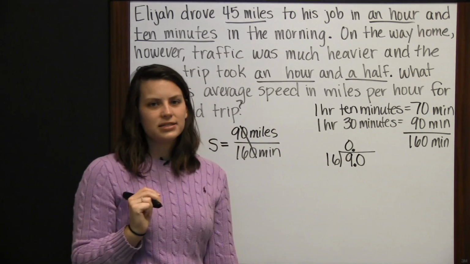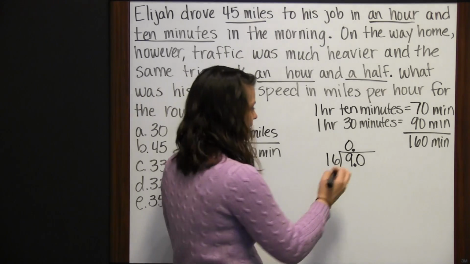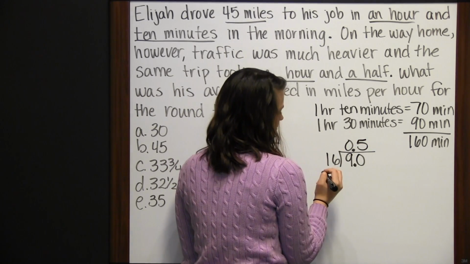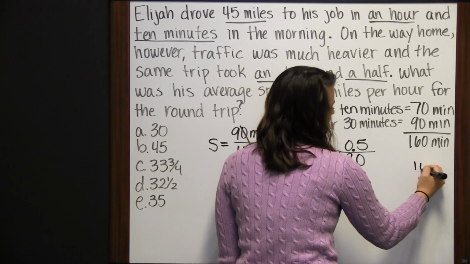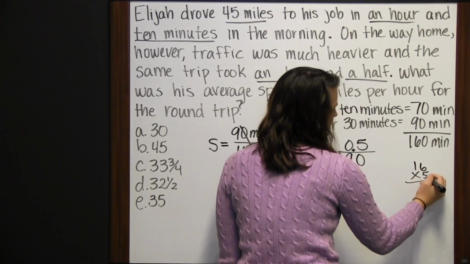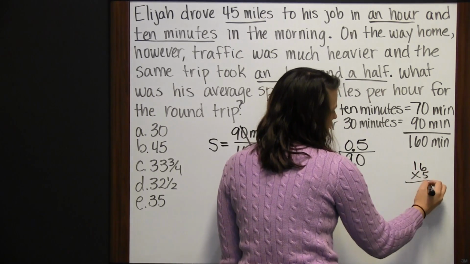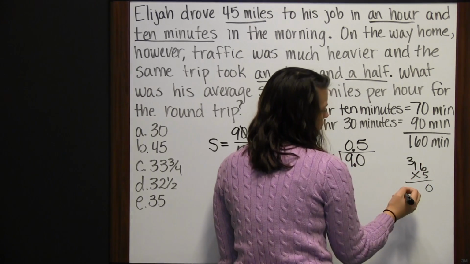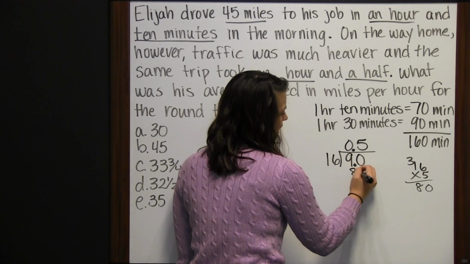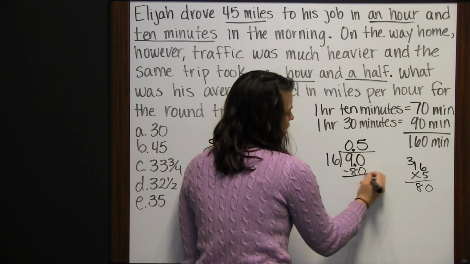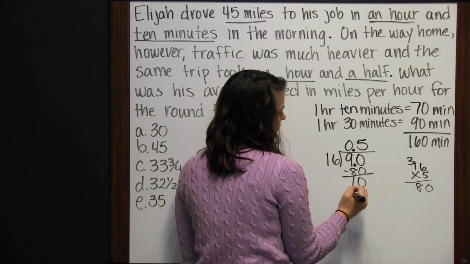16 goes into 90 5 times. So 16 times 5. 5 times 6 is 30. Carry the 3. 5 times 1 is 5 plus 3 is 8. So that's 80. We subtract and we get 10.